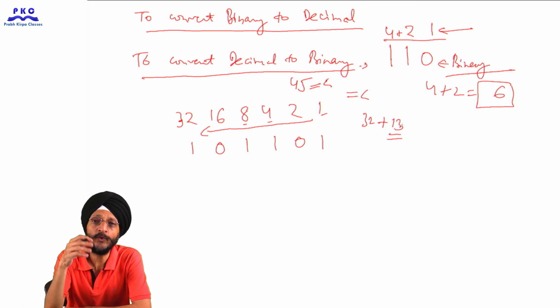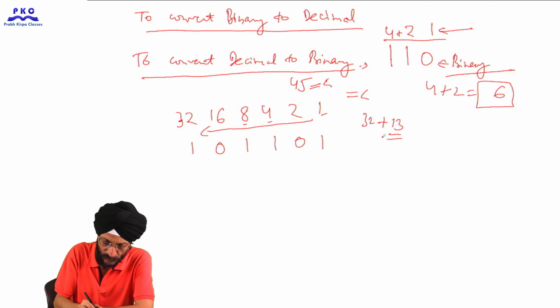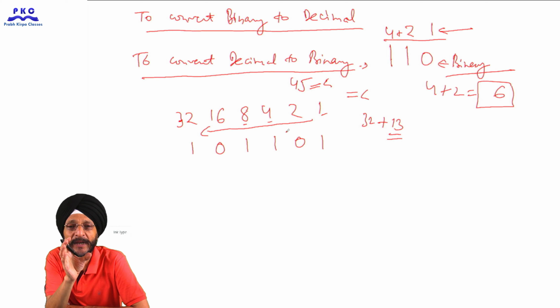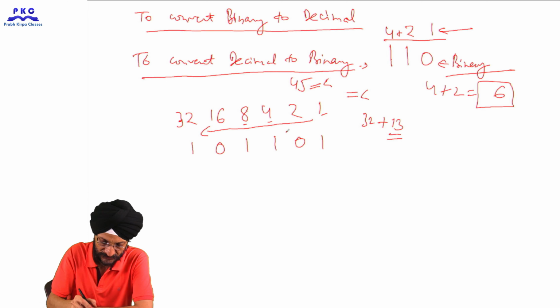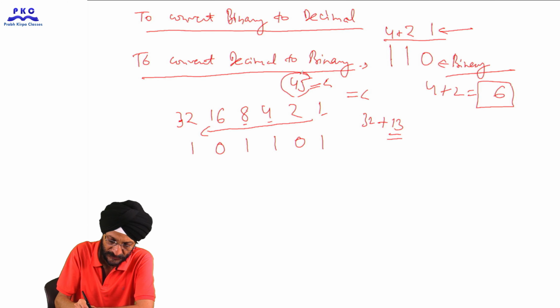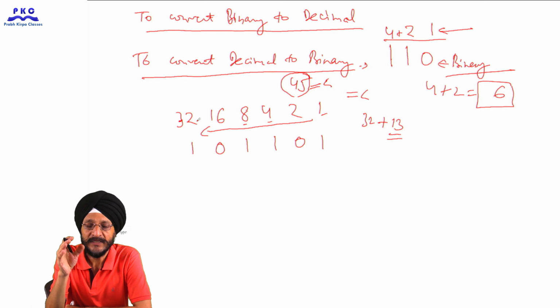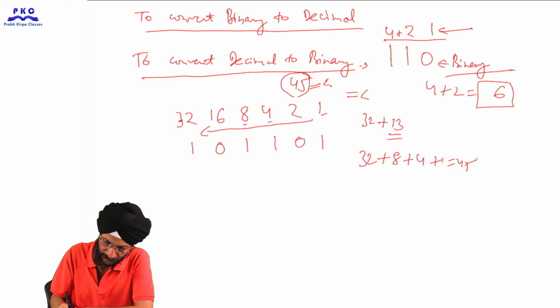And now we are to use our mathematical formula, addition. We will go on adding to 32 those numbers which will ultimately lead us to the actual number given to us. Here the number given to us is 45. We will add with 32 those numbers which help us achieve the value of 45.